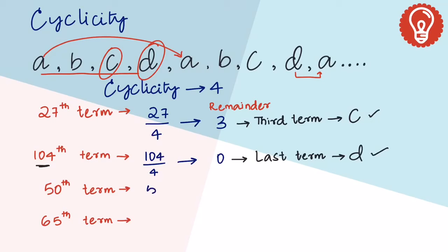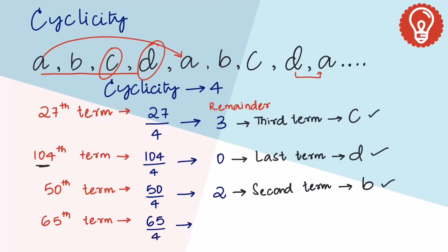Let's take the number 50, divided by 4, the remainder is 2, which refers to the second term in the series, which is B. Therefore, 50th term is B. And the last one, 65, divided by 4, the remainder is 1, which refers to the first term, which is A. So, 65th term is A. In this example, I want you to focus on the remainders.